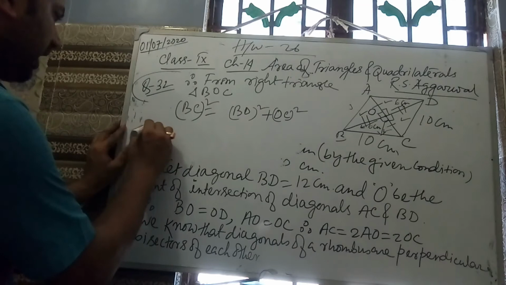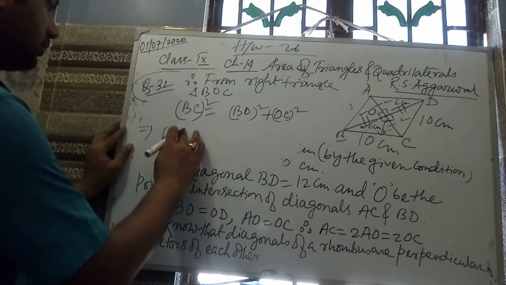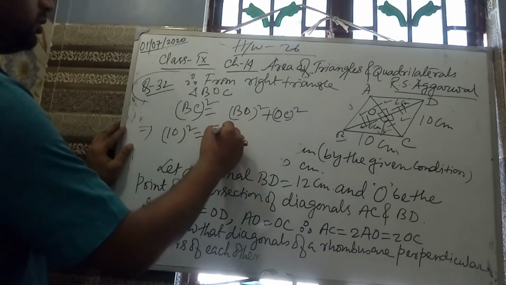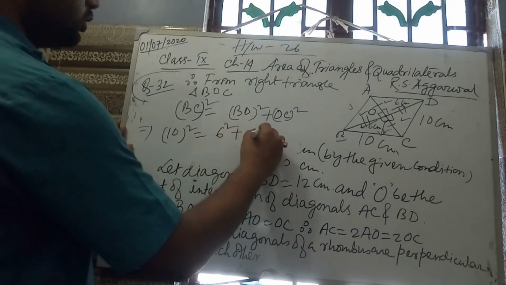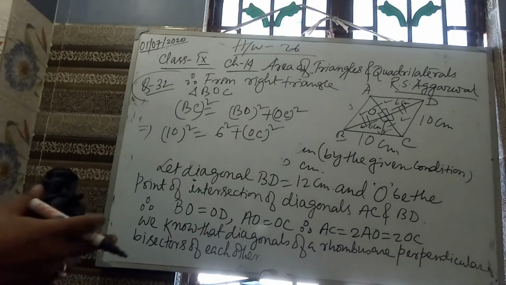So write down, that implies 10 square equals 6 square plus OC square. Why? You have to give the reason.